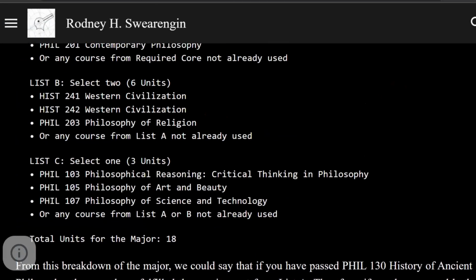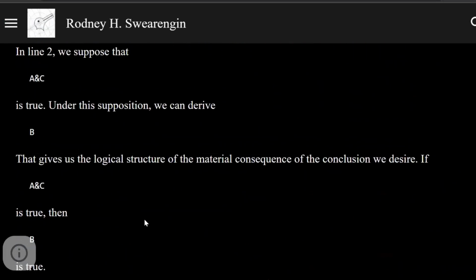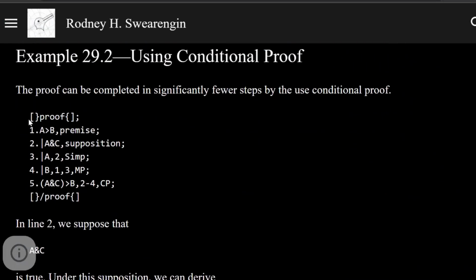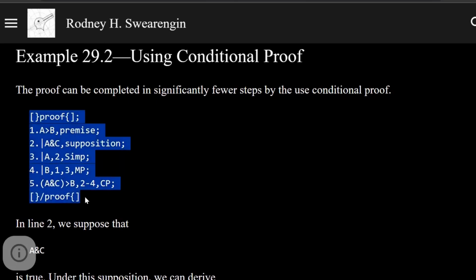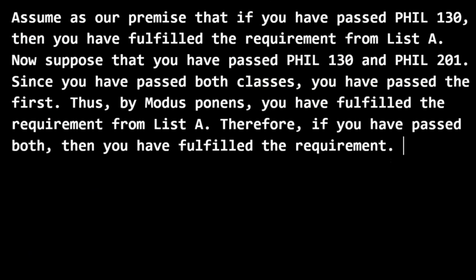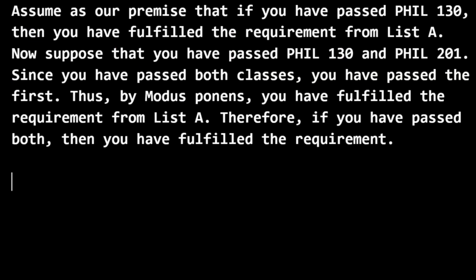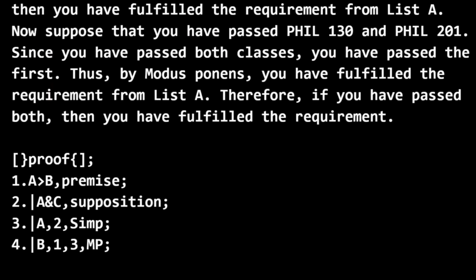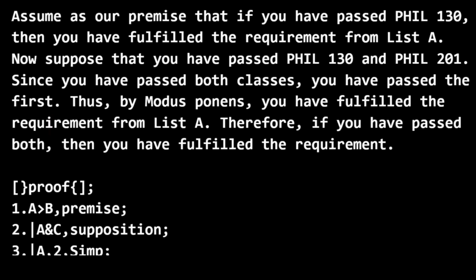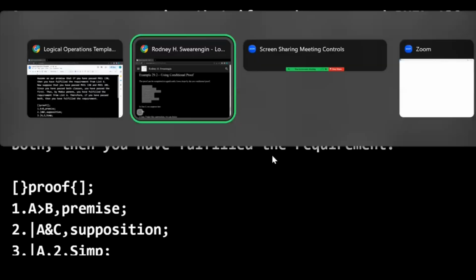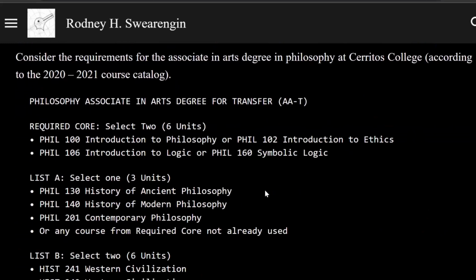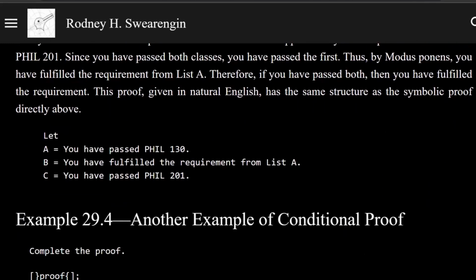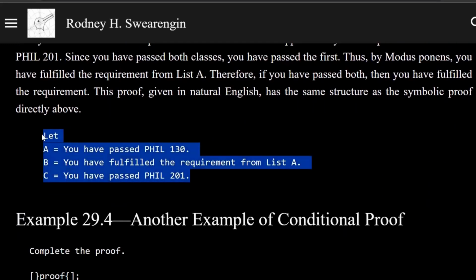So if we go back to the previous example and we look at this proof here, this natural English proof has the form of this proof below. And we make the connection there by using these variable assignments.